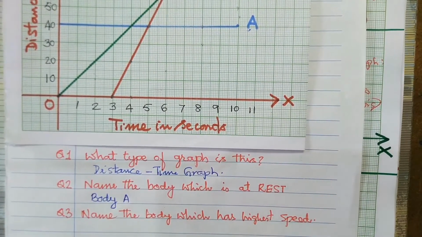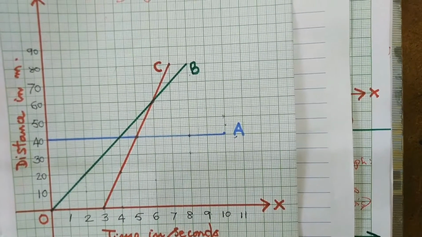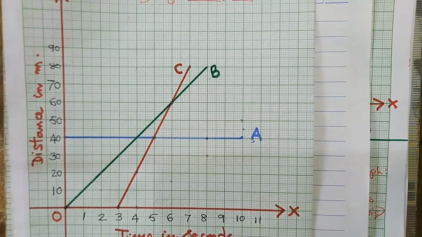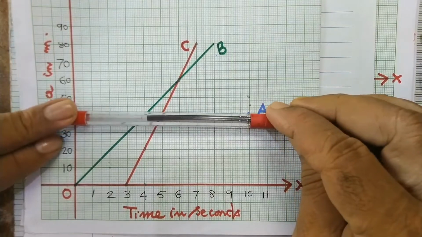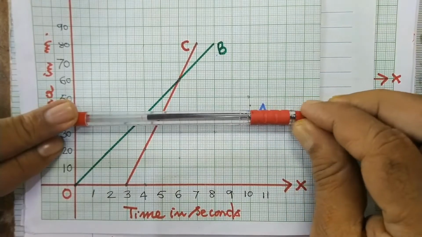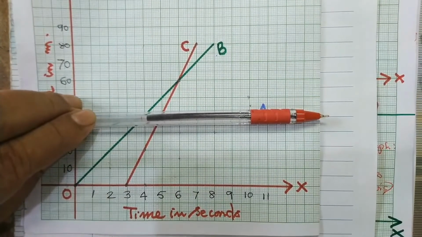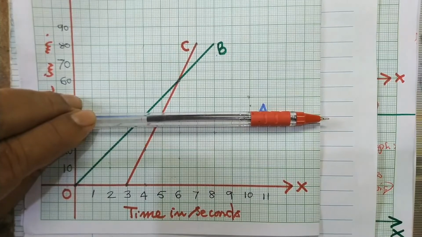For that, I'd like to go back to the graph and I'll explain here. If the line is like this, we say that the body is at rest. The meaning of the body is at rest is that it is not at all moving. Speed is 0.